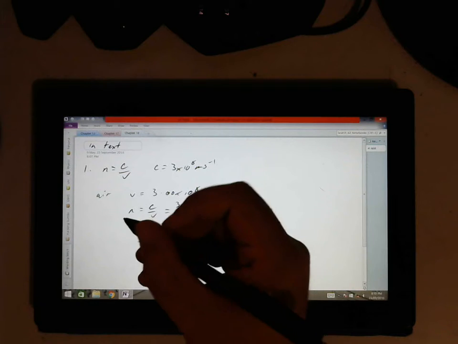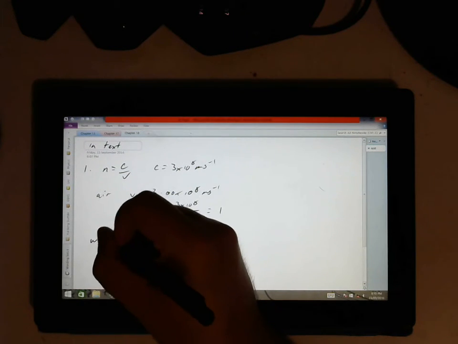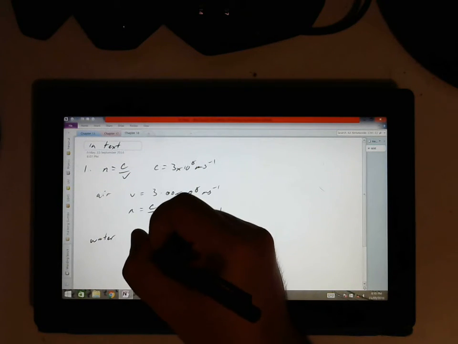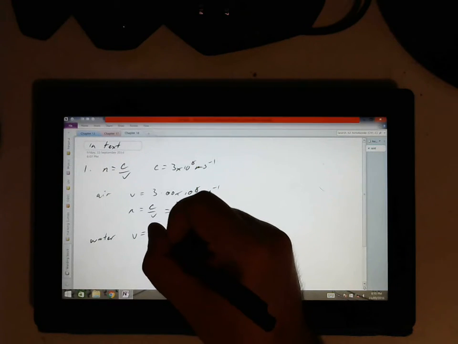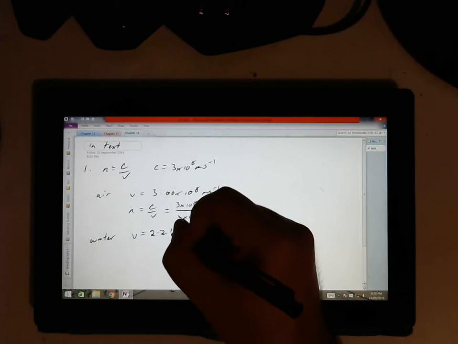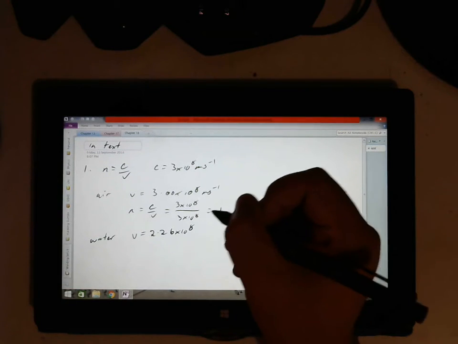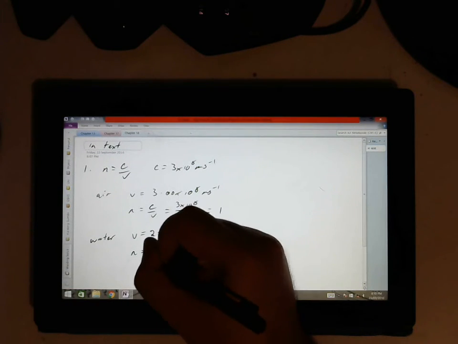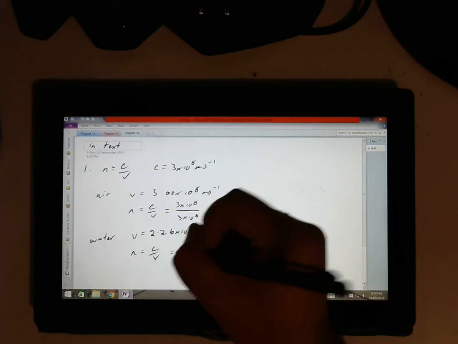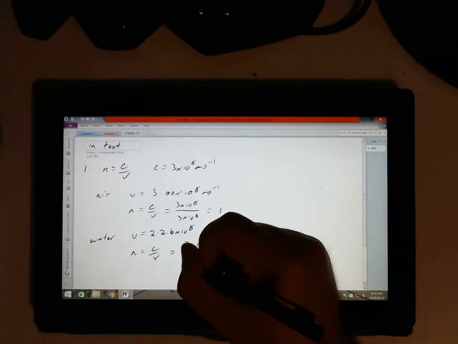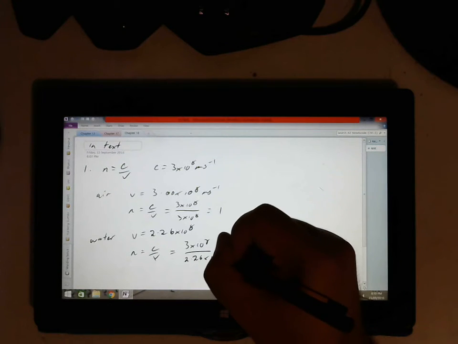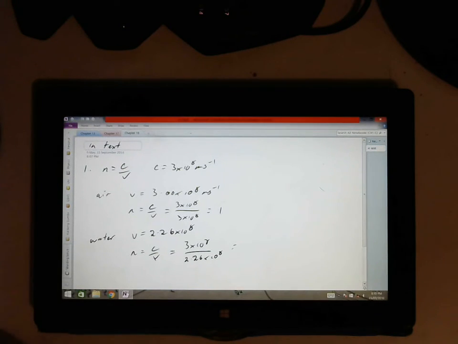Let's do water. So for water, v equals 2.26. And so let's do that. n equals c over v equals 3 times 10 to the 8 over 2.26 times 10 to the 8 equals, and let's put that in.